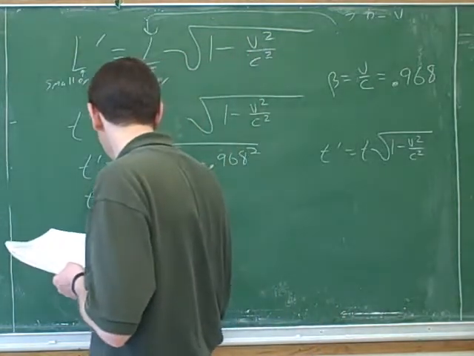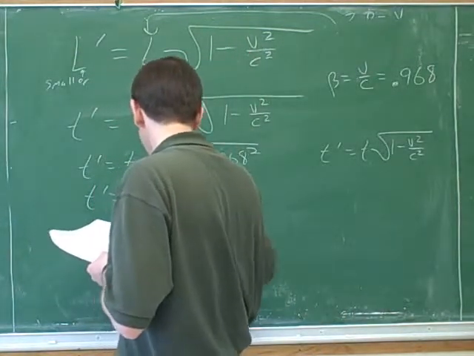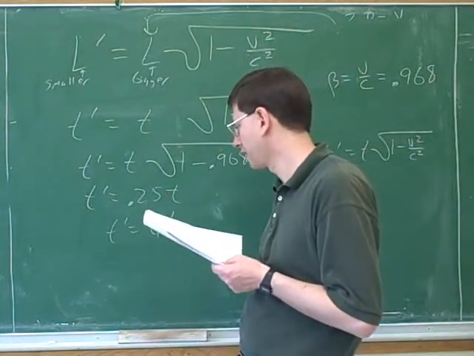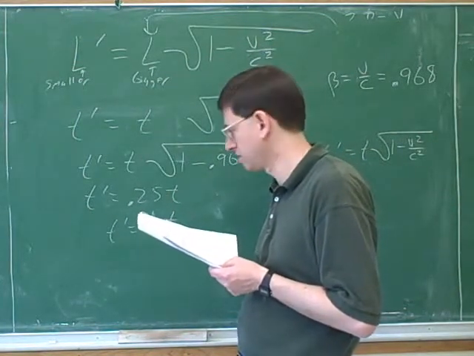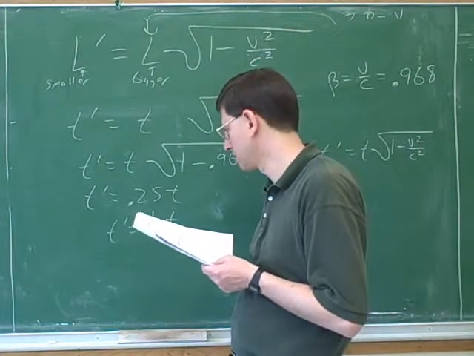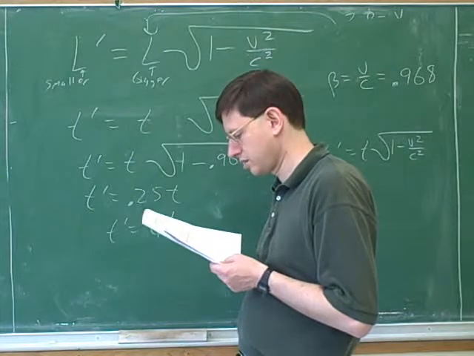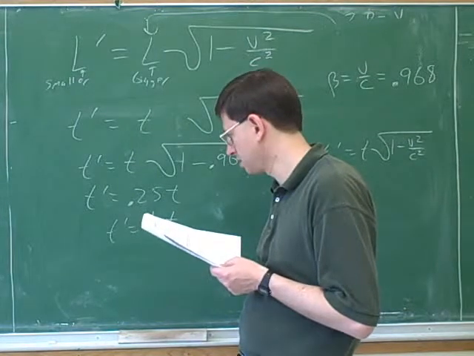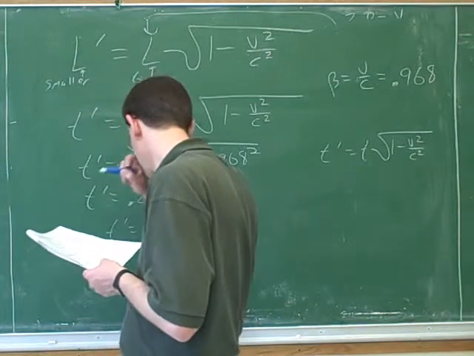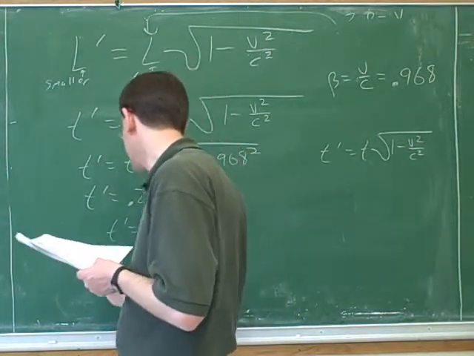Right. So it helps to make this into a fraction now. T prime is the time on the spaceship. T would be the time on the ground, which is smaller.